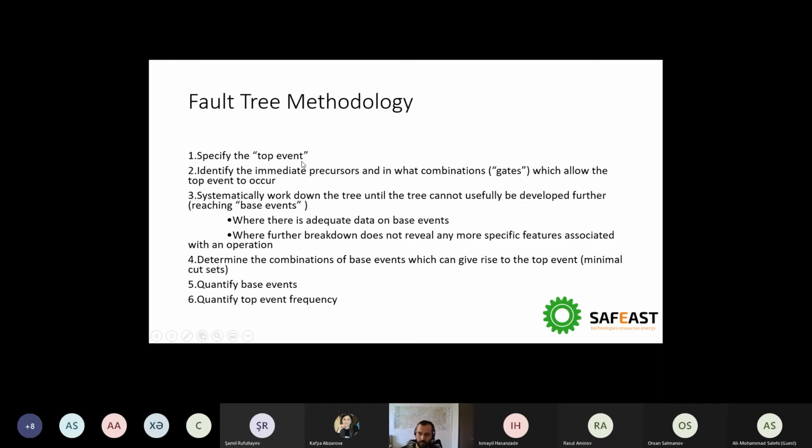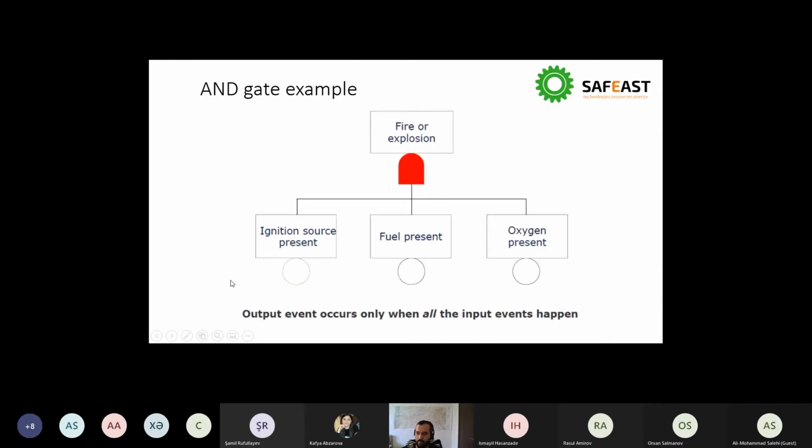You need to specify the top event, stranded car, then identify the immediate precursors. So how can the car be stuck there? Either you don't have, I don't know, spare tires, or you don't have tools to replace your tire, or you don't have competency. Maybe some drivers are not competent to replace the tire. Then you will systematically go down to the base events and quantify them.